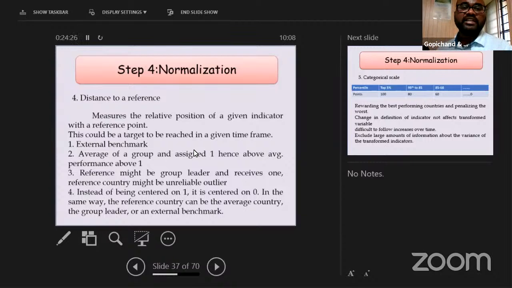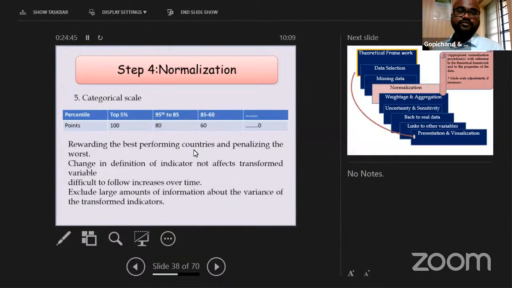From that also normalization is done. In this normalization we can fix the central median value as 0 or 1, and the researcher has to explain this very well during the process.